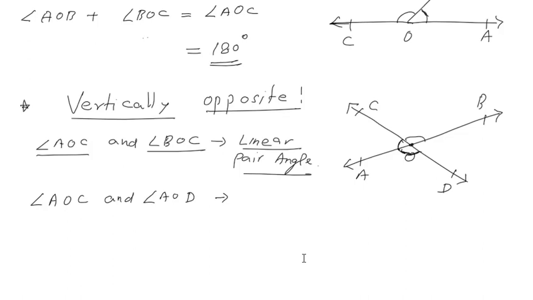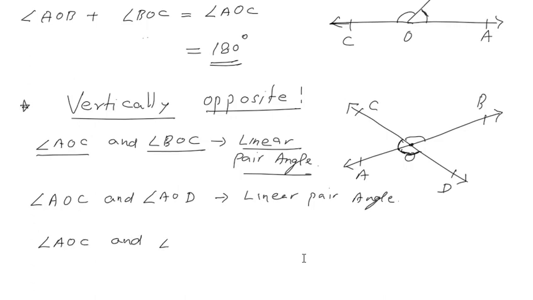So again these two are linear pair angles. Right? So when two lines are intersecting, we are getting linear pair angles.